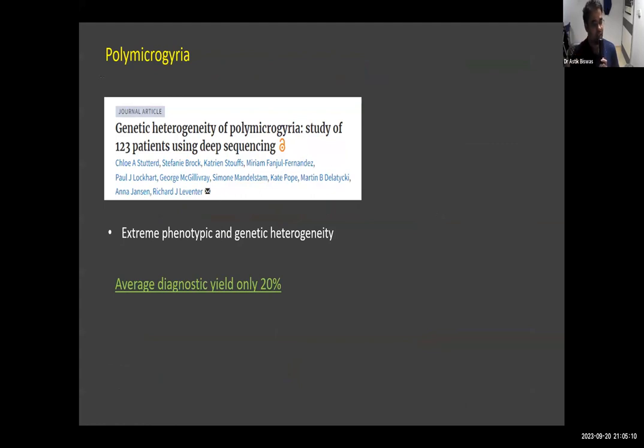But interestingly, once they took the head circumference into consideration, if there was polymicrogyria with macrocephaly, then the yield reached about 60%, mTORopathies being the majority of these. Microcephaly, not much, again 30%, and normocephaly, the yield is quite low at 12%. So I think what this tells us is that in the context of macrocephaly plus PMG, we do tend to have a higher yield.